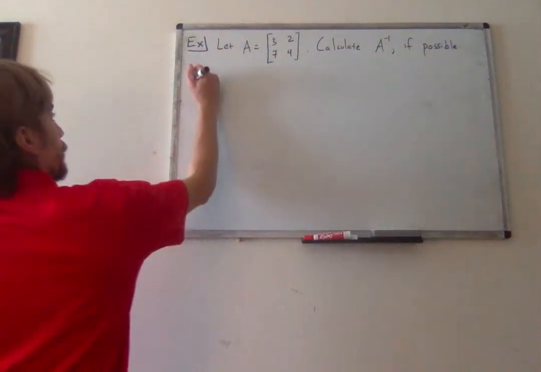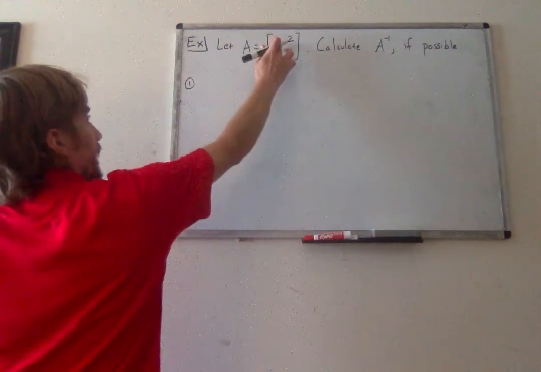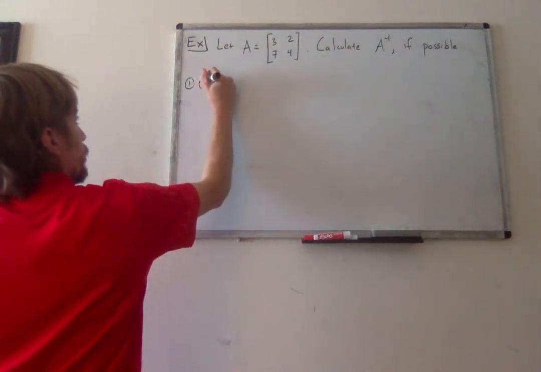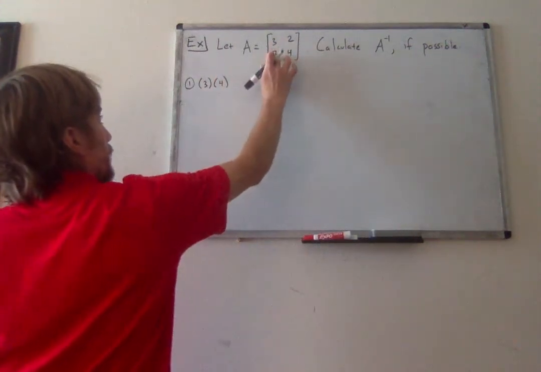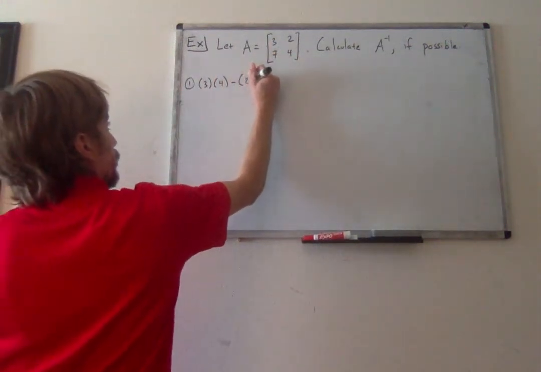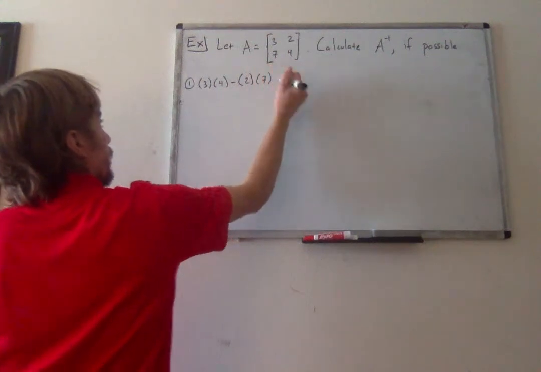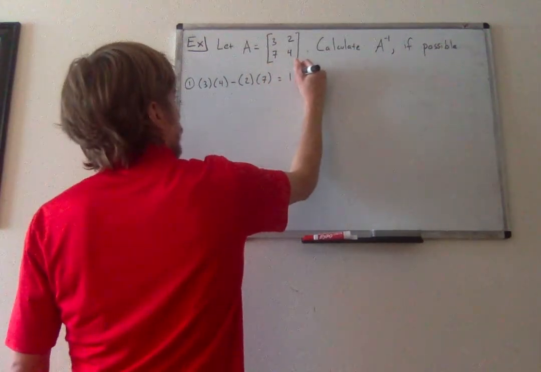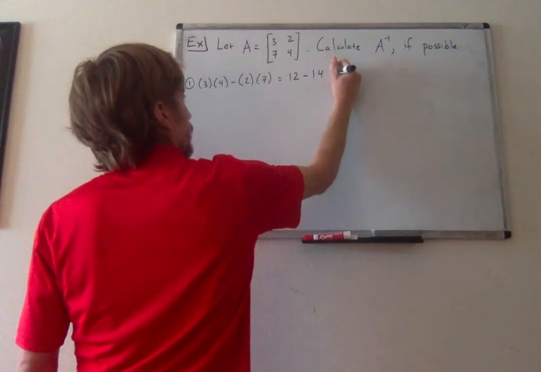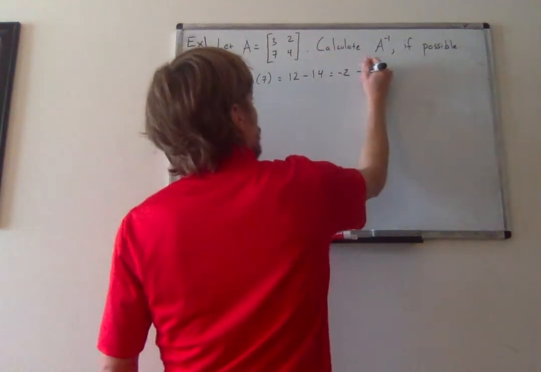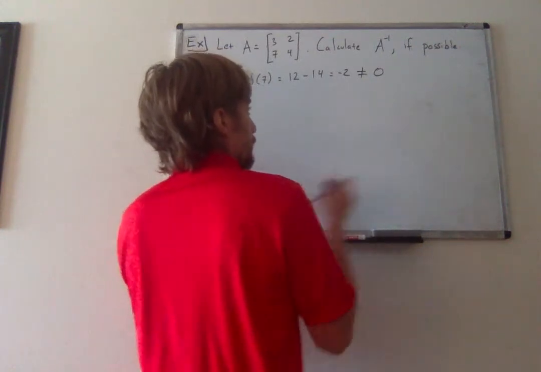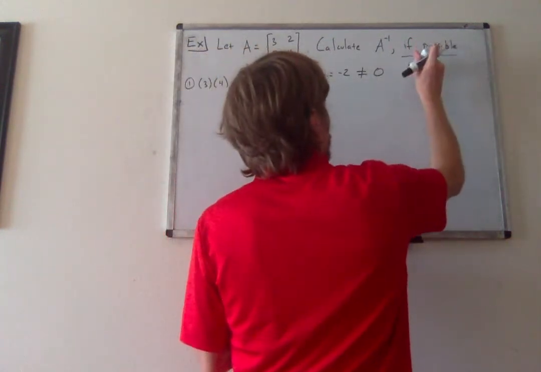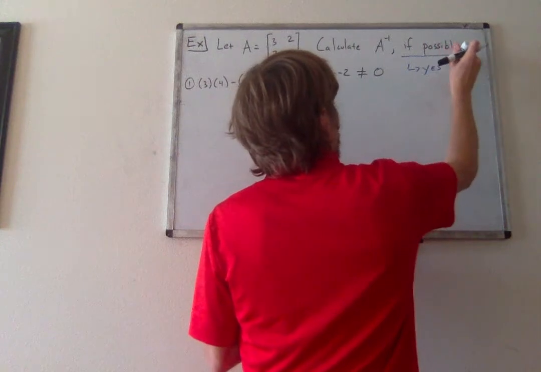So first step, we want to calculate A times D, which is 3 times 4, minus B times C, which is 2 times 7. This is equal to 12 minus 14, negative 2, which is not equal to 0. And so, if possible, the answer is yes.